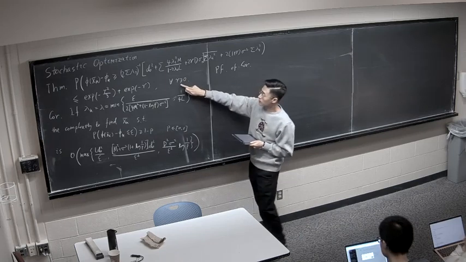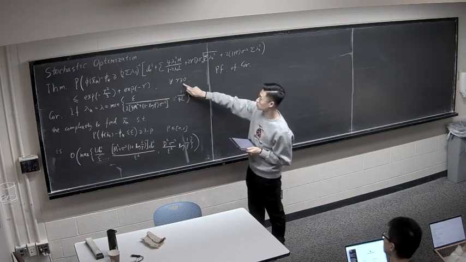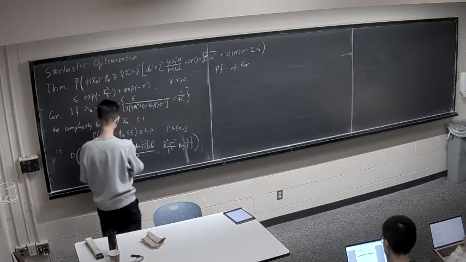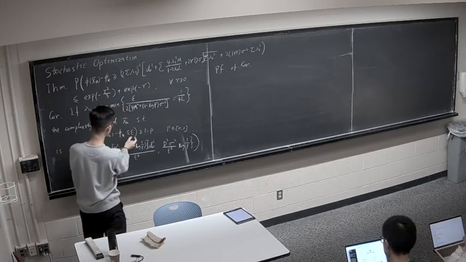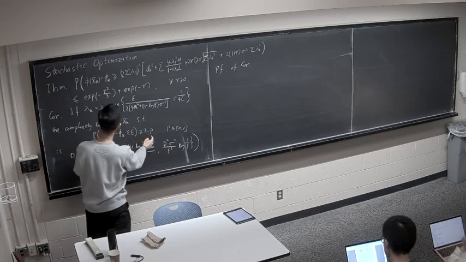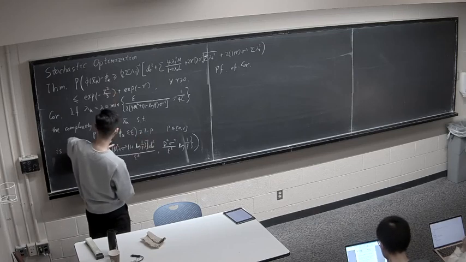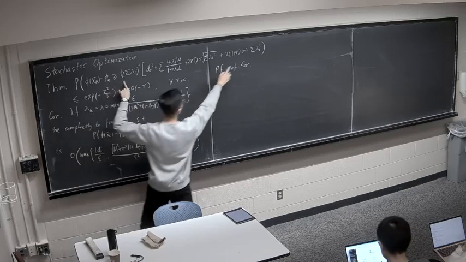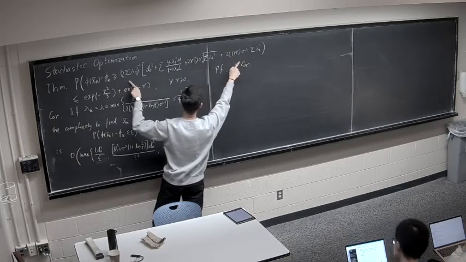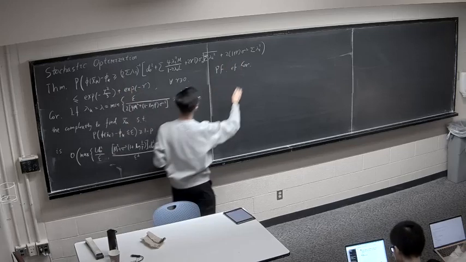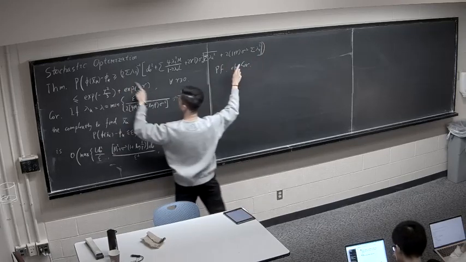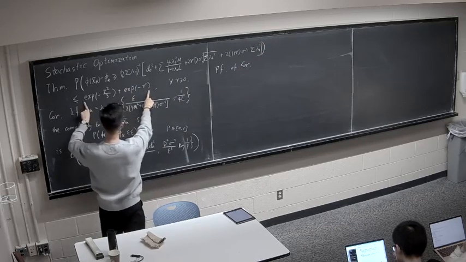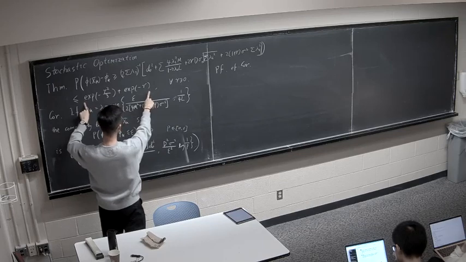Because here gamma is arbitrary, it holds for any gamma greater than or equal to 0. So for our purpose, because here we want to show the primal gap less than or equal to epsilon with probability greater than or equal to 1 minus p, it's sufficient to work with this bound by making this error term to be on the order of epsilon, and to make this term to be just p.